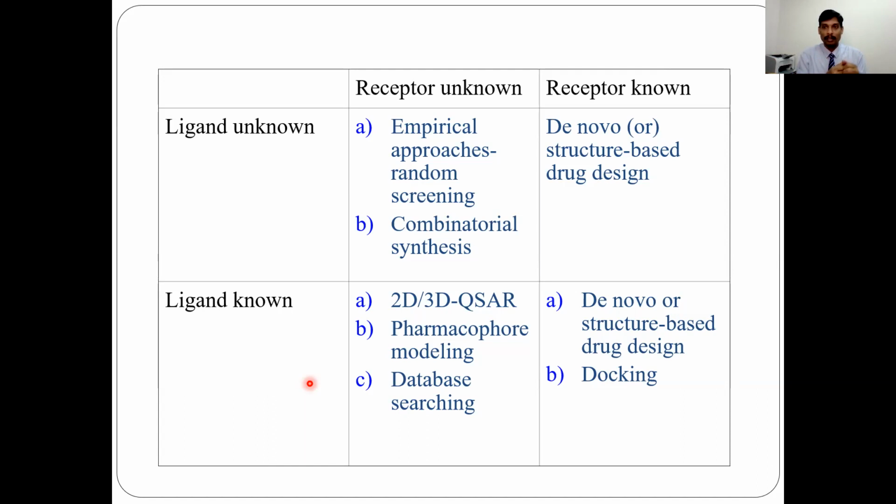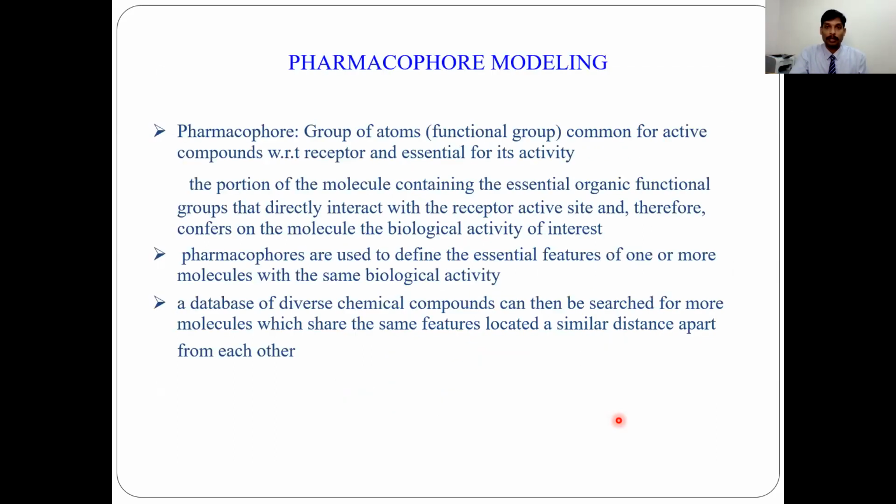If it is binding, I put it in a probable candidates list, the preliminary hits list, which can again be confirmed by in vitro models, and then we can consider that as a hit. So that is what we do, docking, if we know the structure of both ligand and receptor.